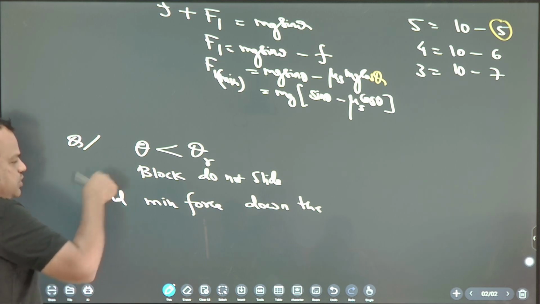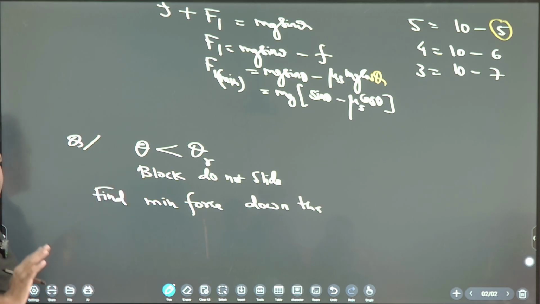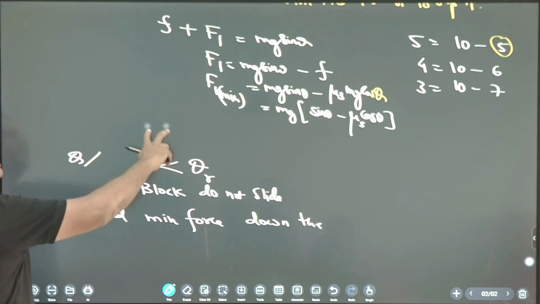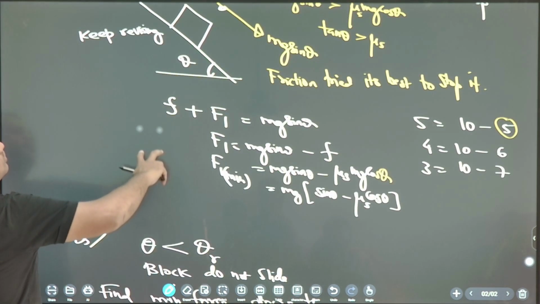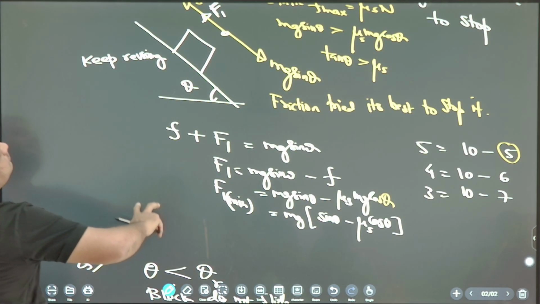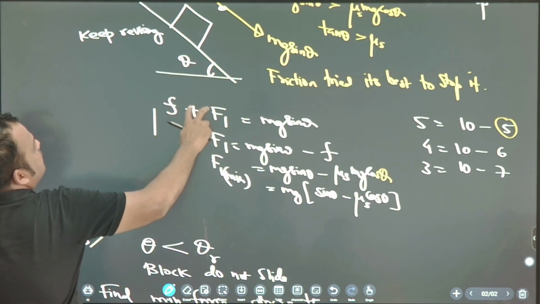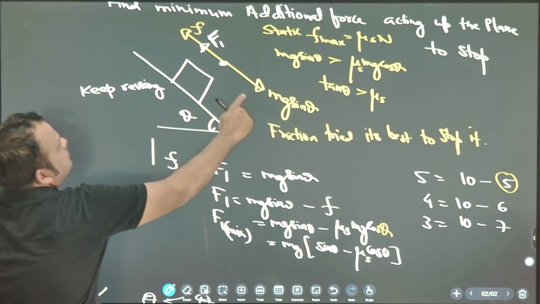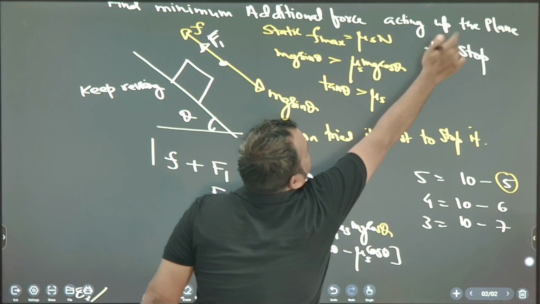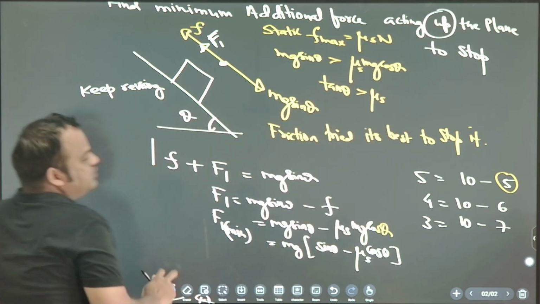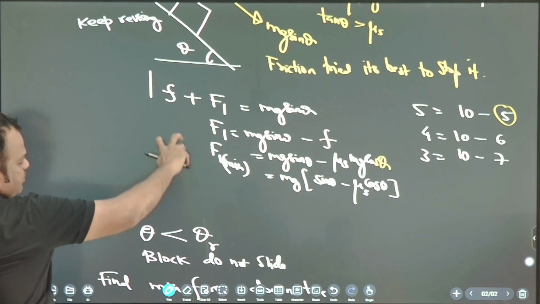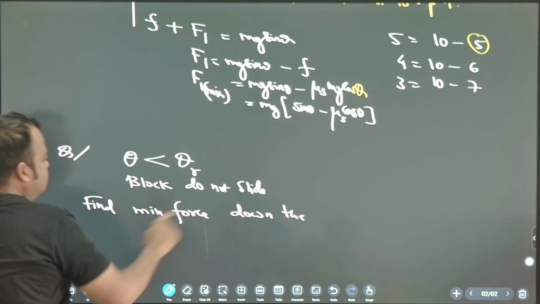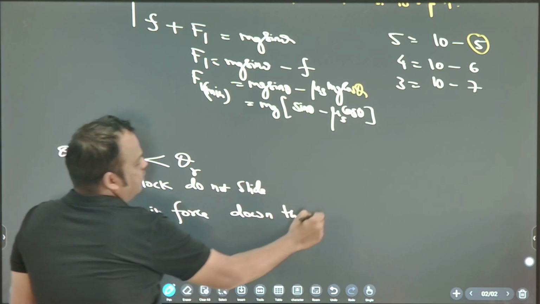If the question is slightly different, the answer will change. In the previous question, what did I give? Minimum force up the plane or down the plane? Up the plane. So what is the minimum force up the plane? Observe it. Now next question, what I am asking: find minimum force down the plane.